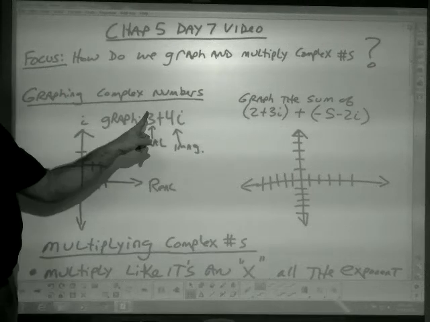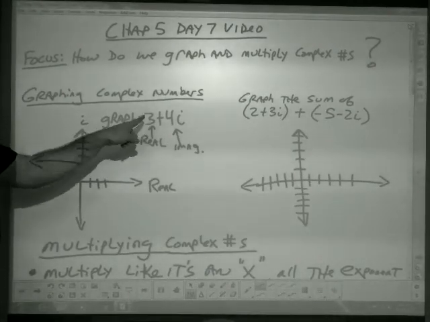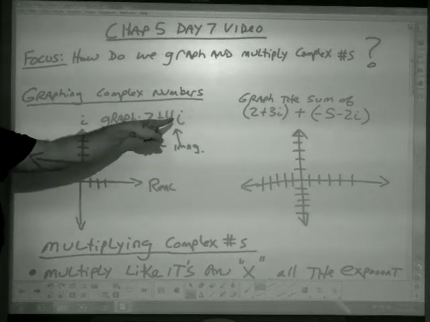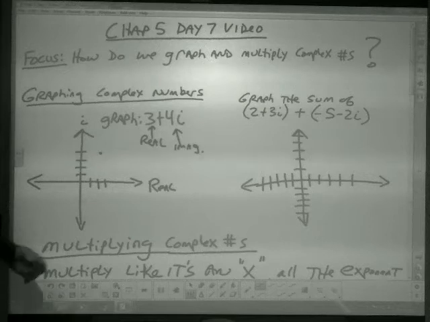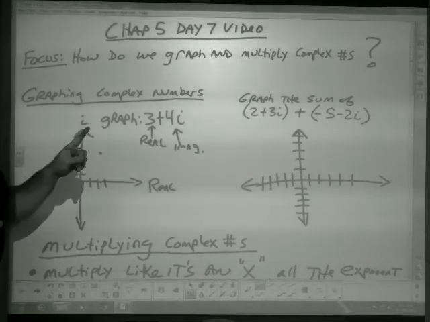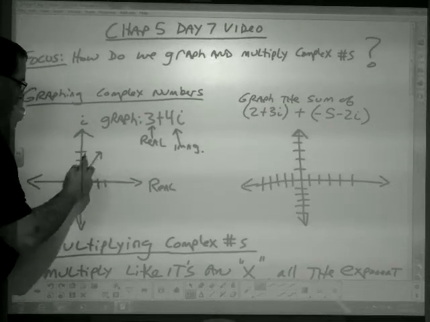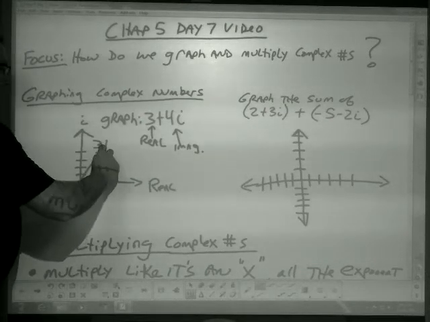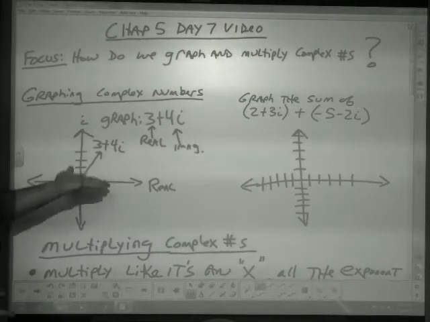So this is like the X and this is like the Y. Positive 3, so come over 3, up 4, make a dot. Now, graphing complex numbers, here's what's different. We graph them as an arrow starting at the center out to the dot, and then we label it 3 plus 4i, and we're done. That's how you graph a complex number.